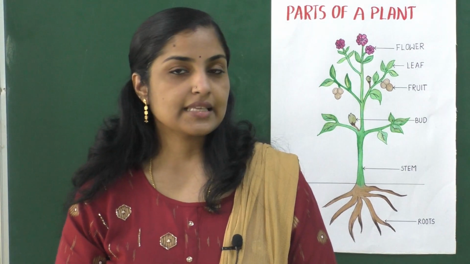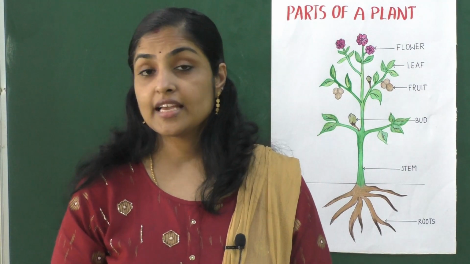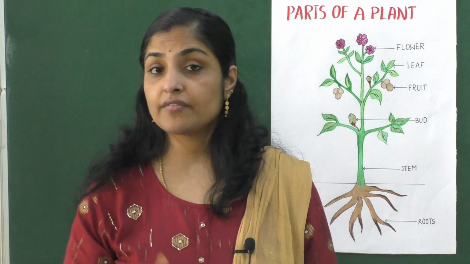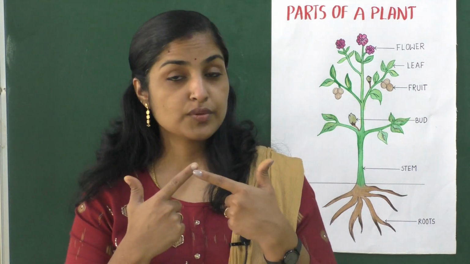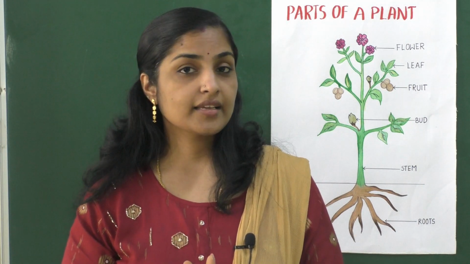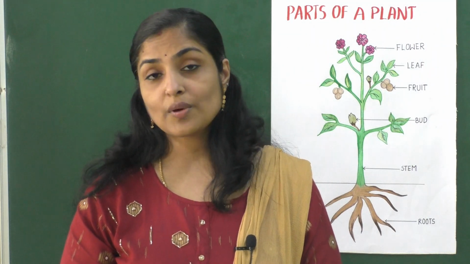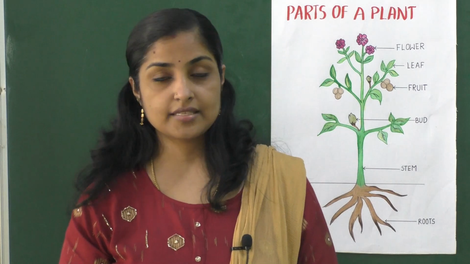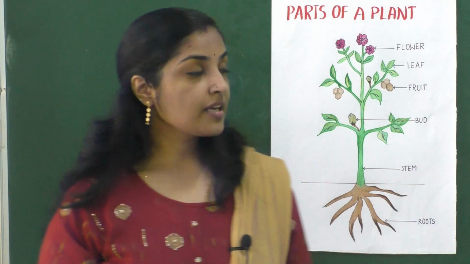So, now let's see parts of a plant. Just like we have hands, legs, eyes, nose, right? These are parts of our body. Just like that, our plants also have different parts. So, let's see which they are.